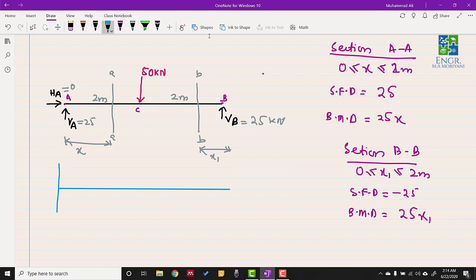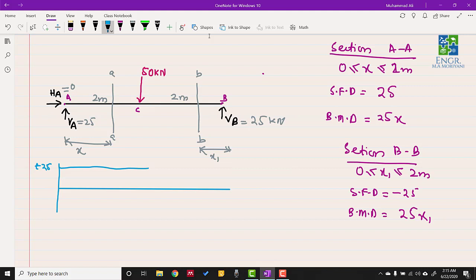Now for the section AA, or in other words for the portion A to C, we have the equation equal to 25. This means that from A to C we have a constant shear force of positive 25.